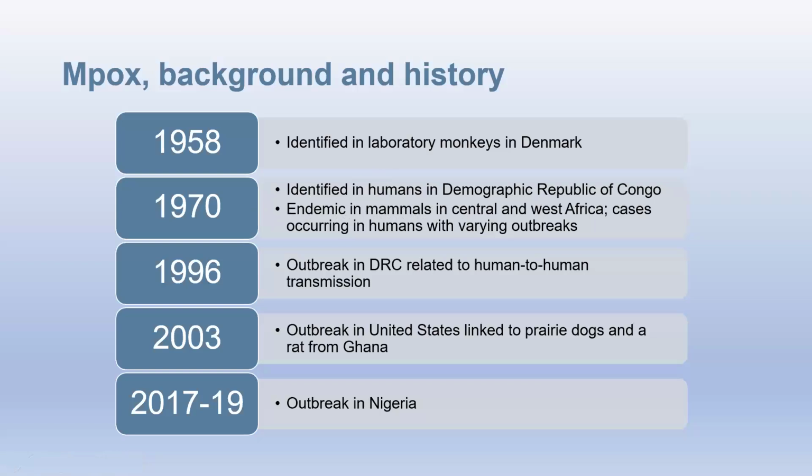We also had another outbreak in 1996, and this one was also related to human-to-human transmission. Another outbreak occurred in 2003 in the United States, and this was linked to prairie dogs and a rat from Ghana. And then another outbreak in 2017, 2019, and then the 2022 outbreak that I didn't talk about.